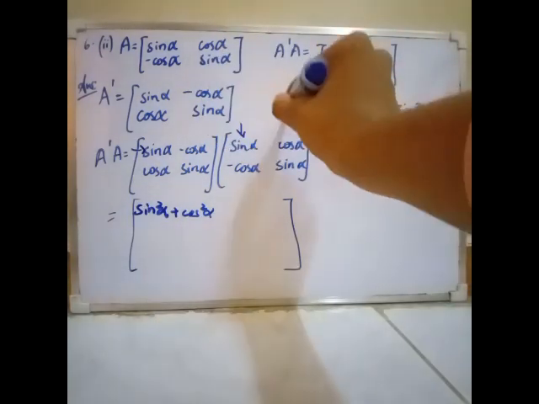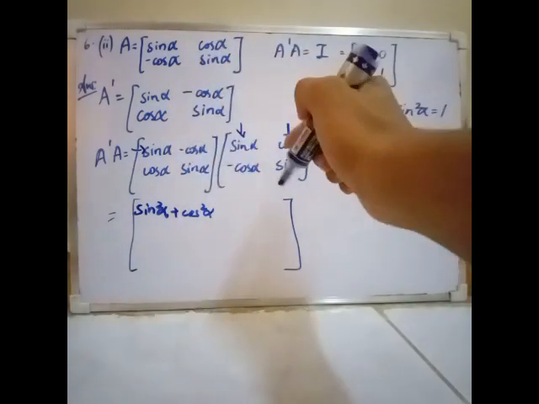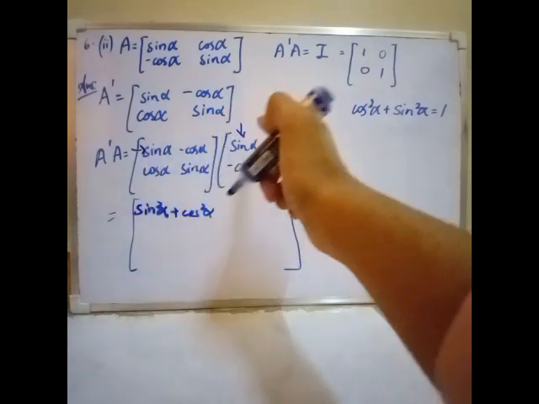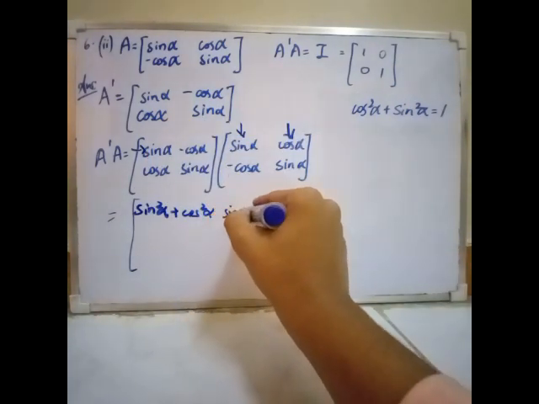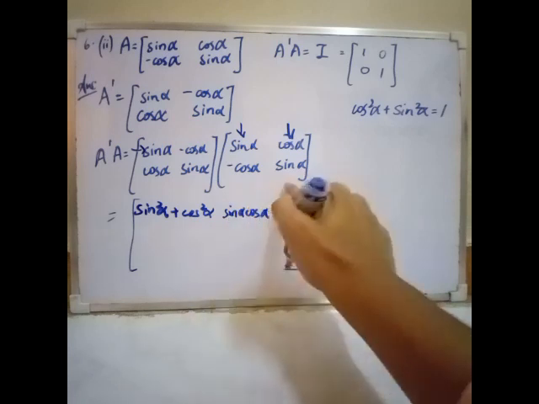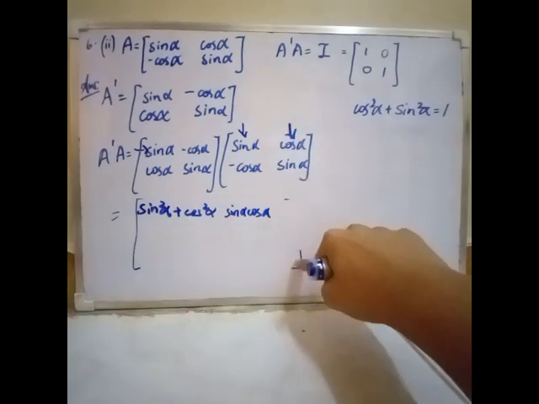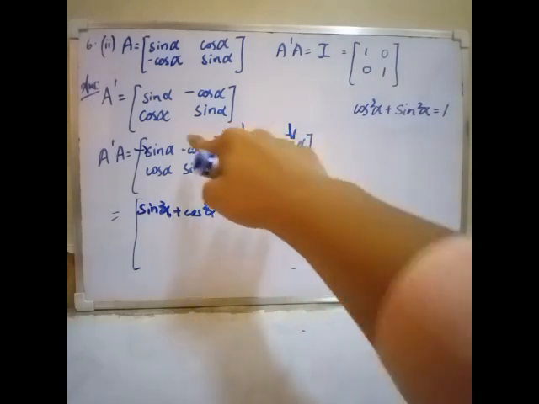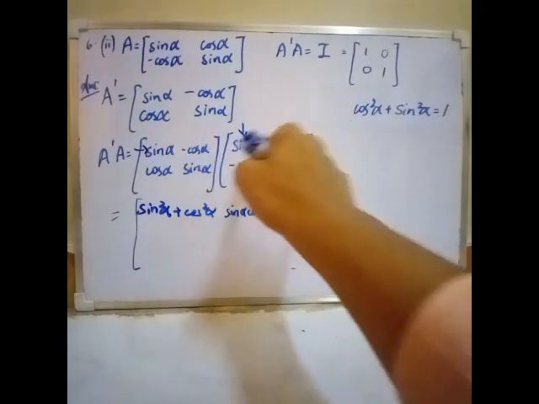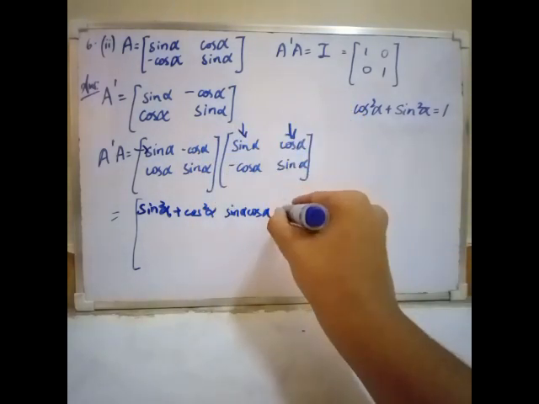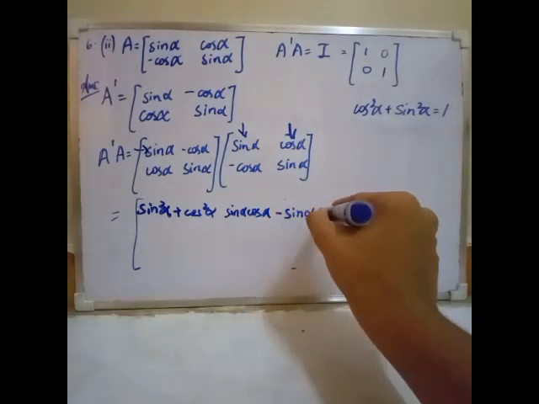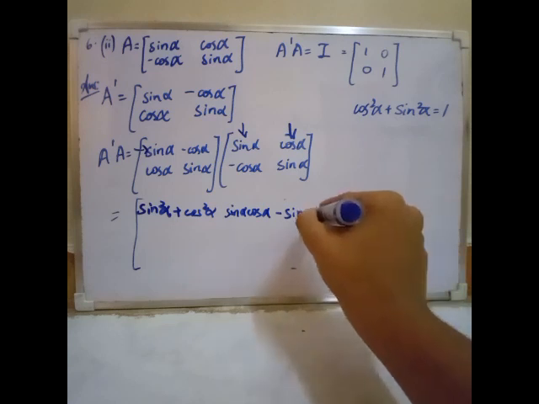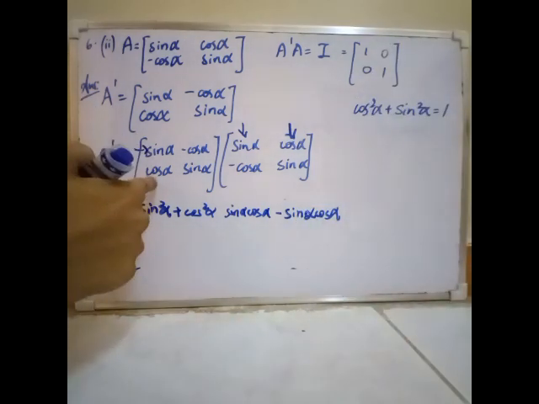Now first row with the second column, sine times cos, so sine cos, right? Next, this one, minus cos times positive sine, it would be minus sine cos. Then next we have to do the second row with each column.